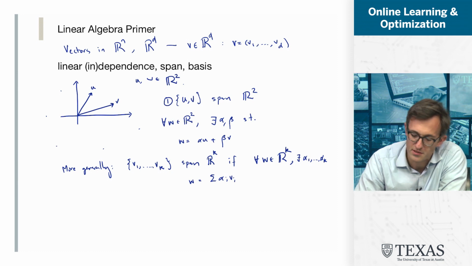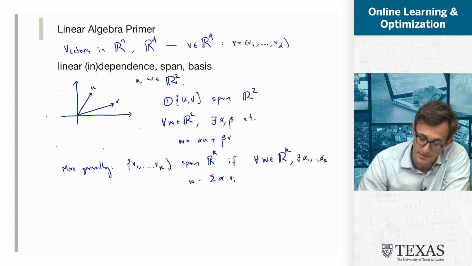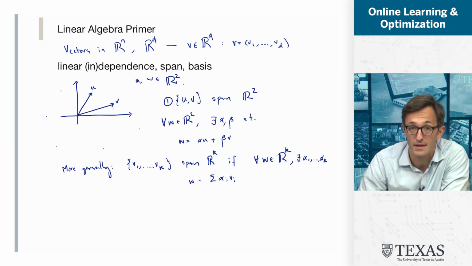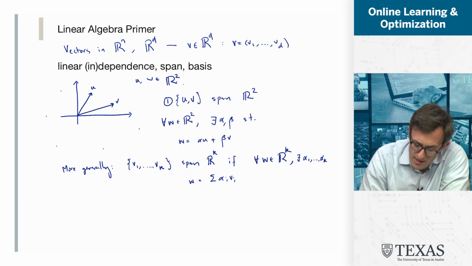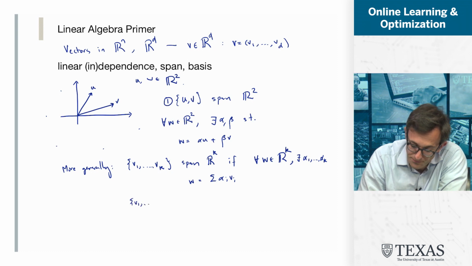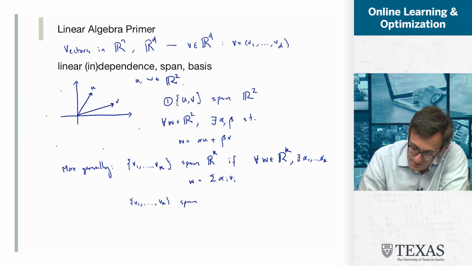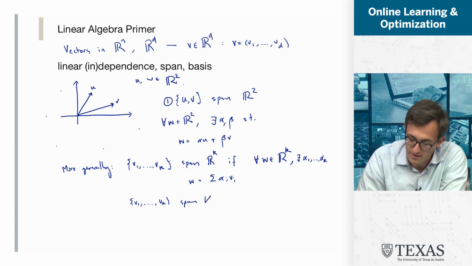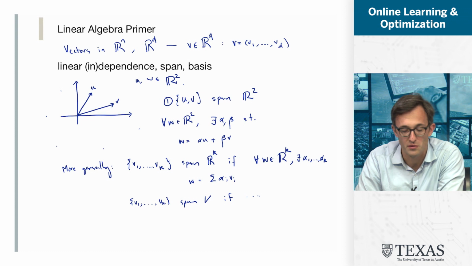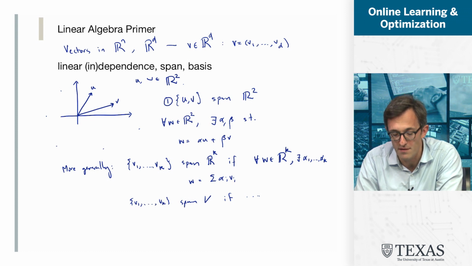And I can replace this Rk with anything I want, and this notion of span still holds. So instead of Rk, I could also write that v1 to vk span V if the same thing holds. So this is what it means to span.